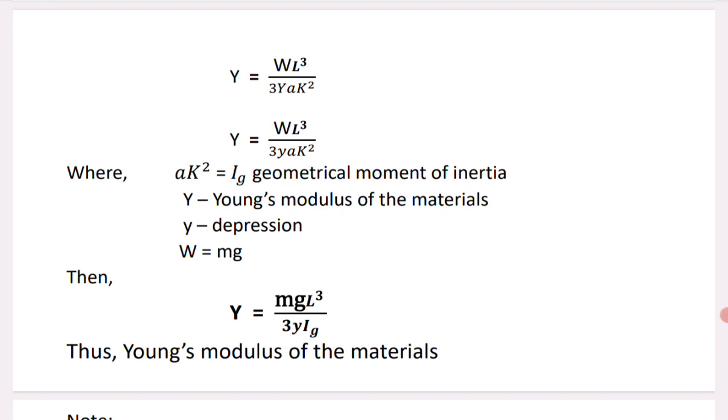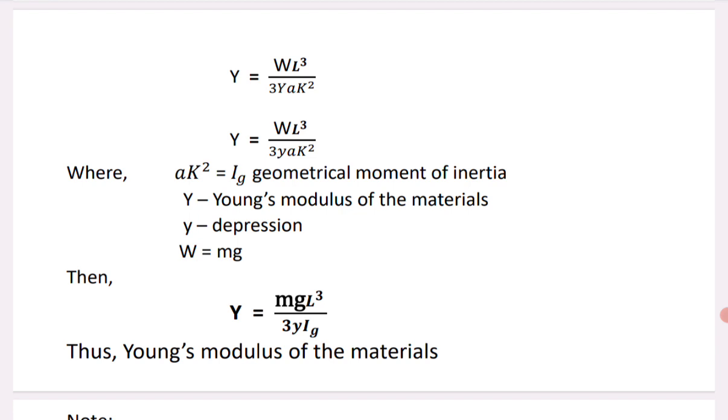Where AK², A is the area of cross section of the surface, K the radius of gyration, that is equal to Ig, where Ig is known as the geometrical moment of inertia. Y is the Young's modulus of the material, and small y is the depression, where W is the weight or load attached at the free end of the cantilever.